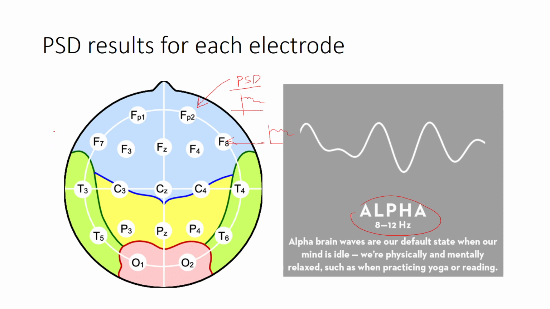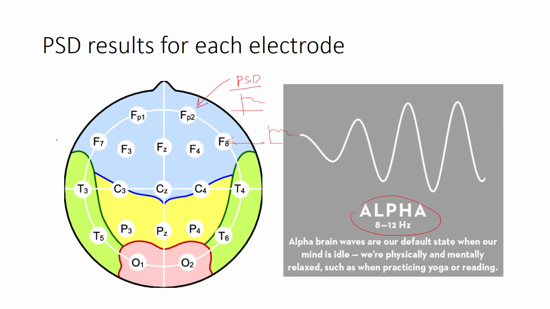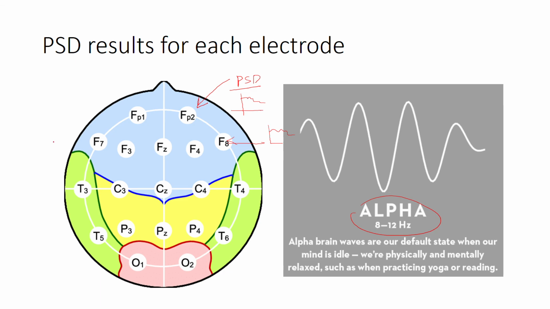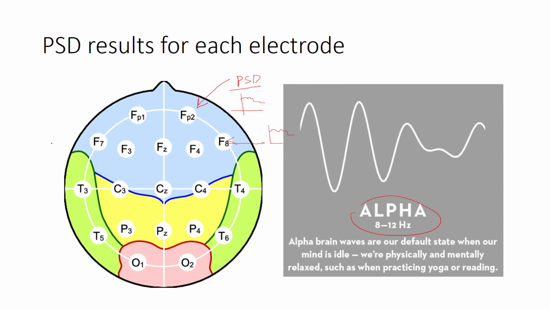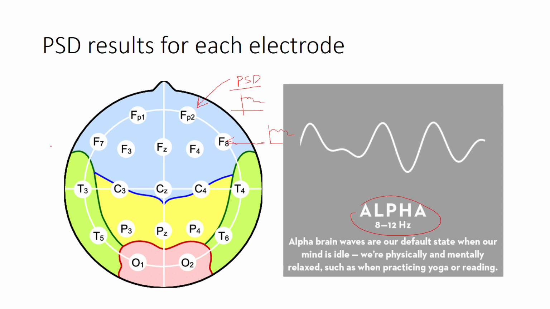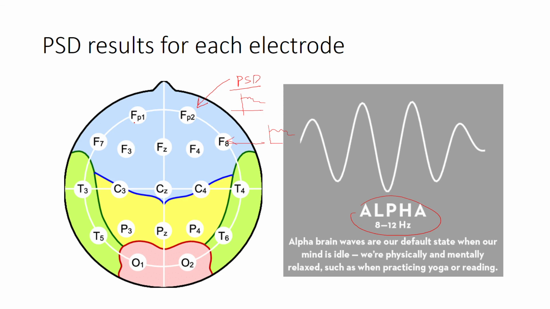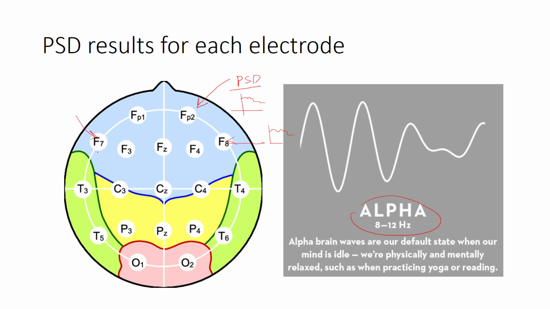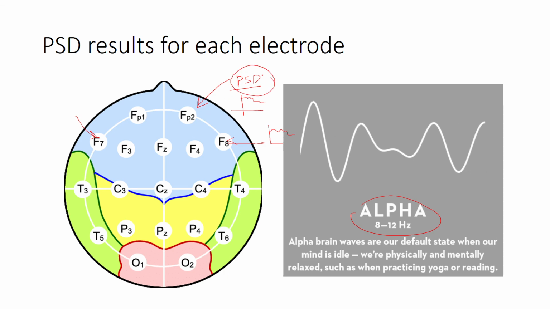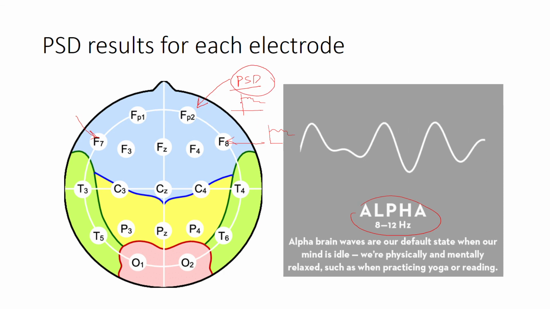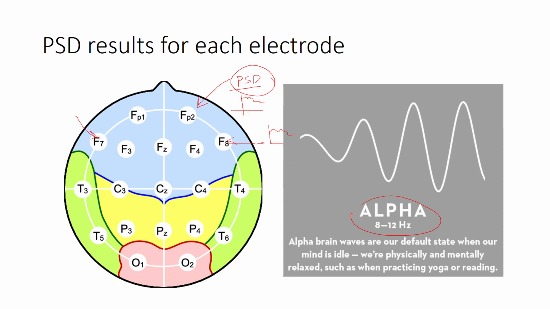In this case, you need to select an experiment, for instance motor imagery, or identifying the mental state of a video gamer, for example when he's concentrating while playing a video game. If you record the brain signals for a gamer, and then determine the power spectrum density for each electrode, you will notice something very important.